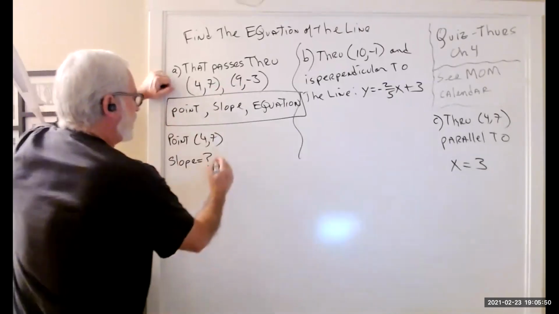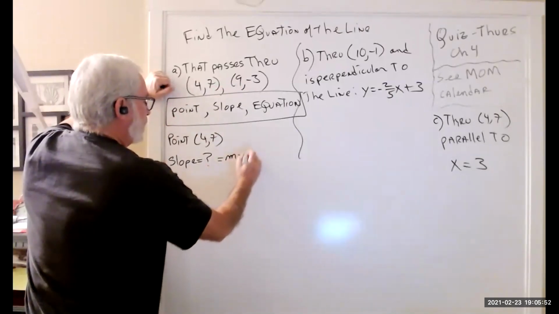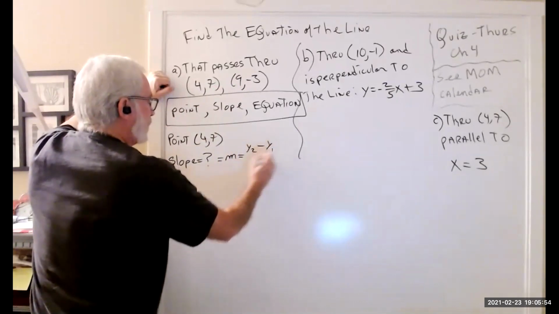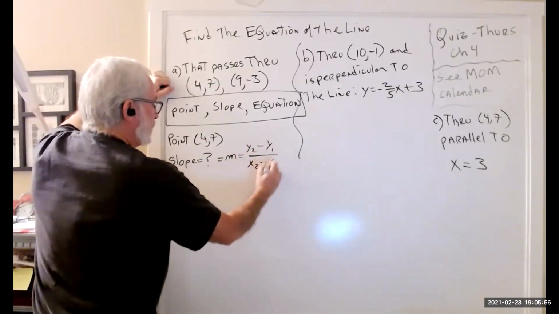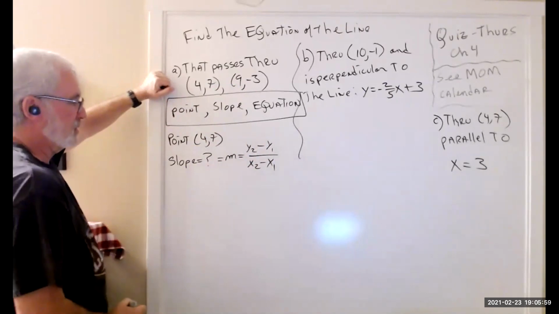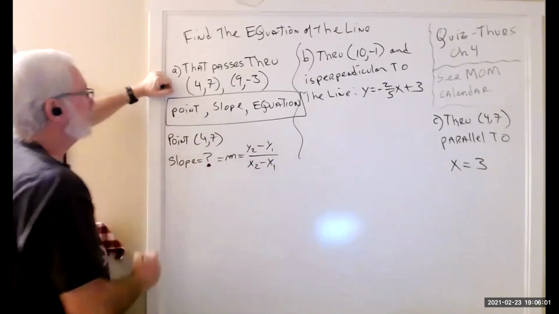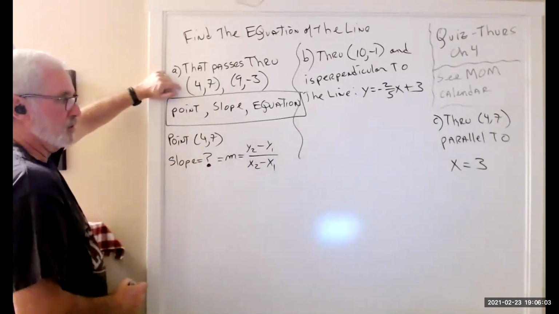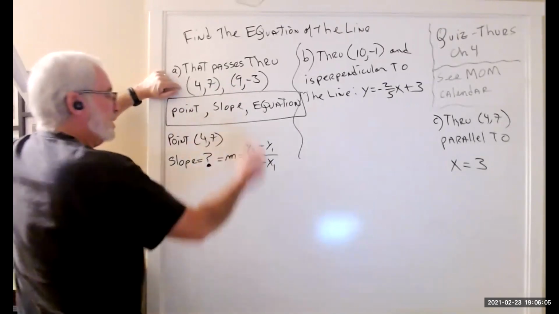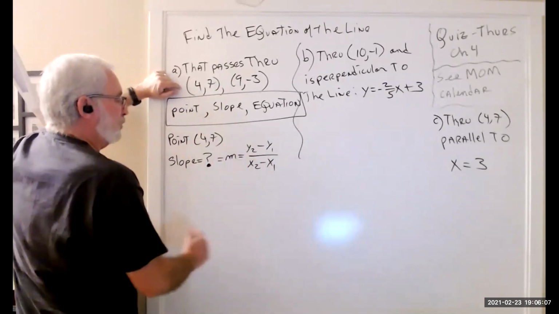But it's hidden inside the formula y sub 2 minus y sub 1 over x sub 2 minus x sub 1. The slope initially is hidden from you. But I gave you enough information that you can figure it out.